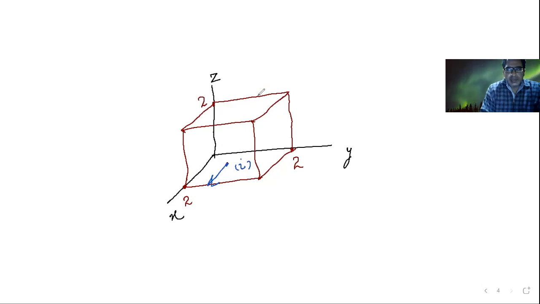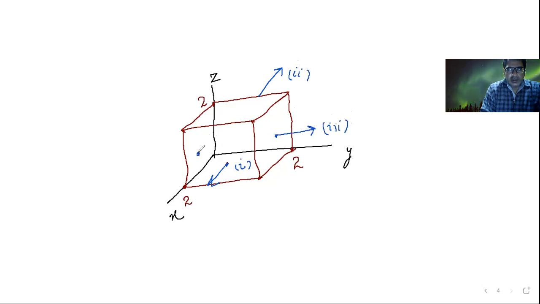This back face I denote by second. Now this face I denote by third one.